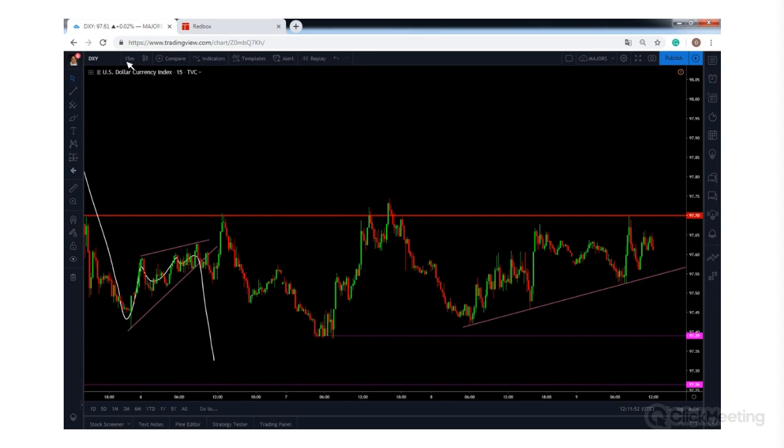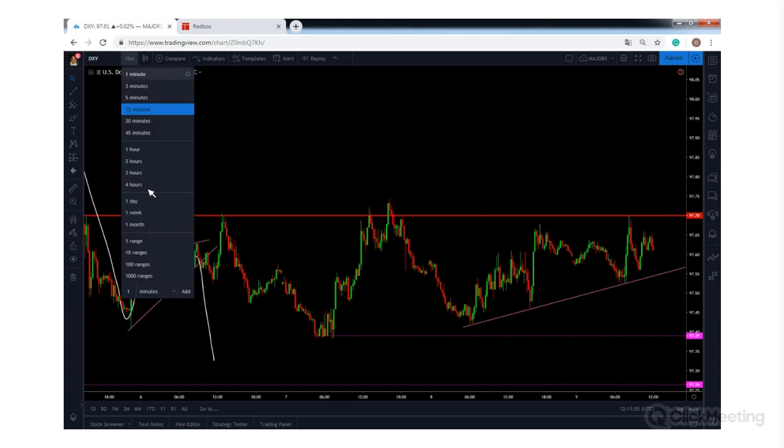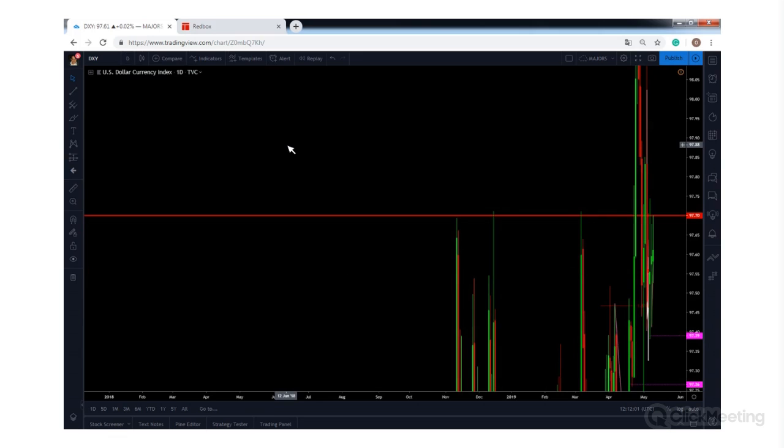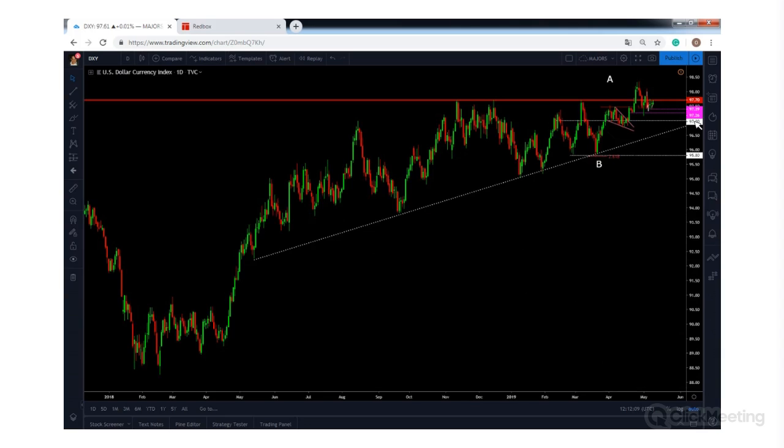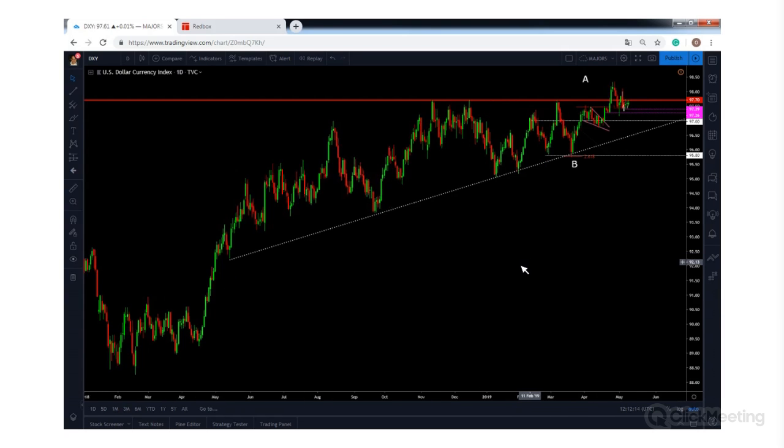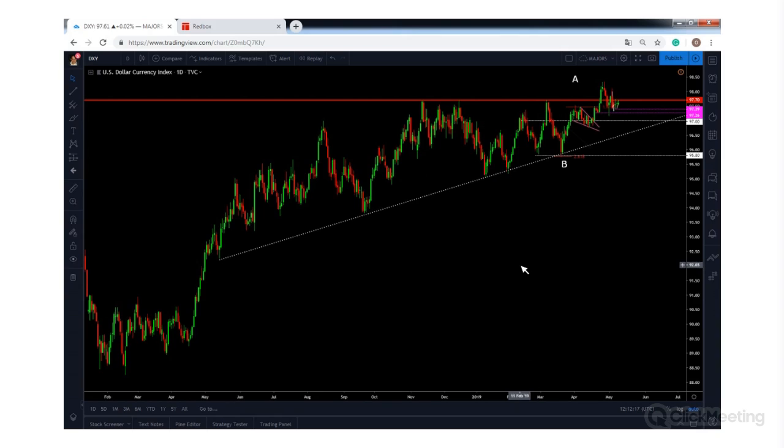Now let's go back to the daily chart, because some of you are not premium members, and I see some names that I haven't seen before. So I'm going to show you why the 97.70 level is such a huge level on the US dollar index. We have been capped by the 97.70 level since November 2018.